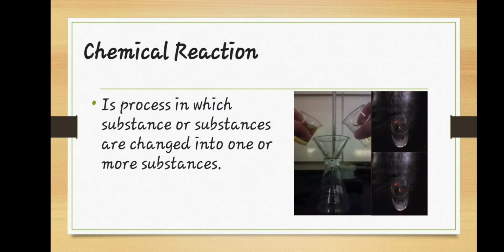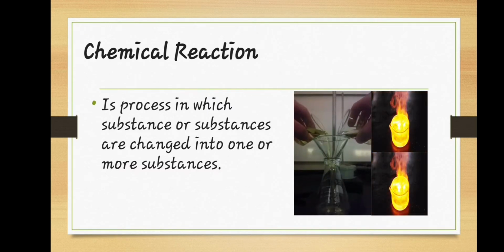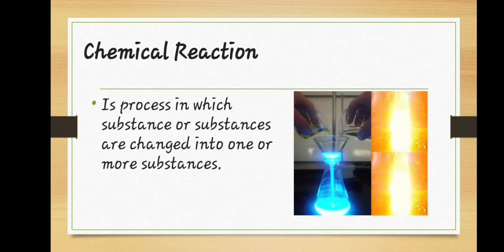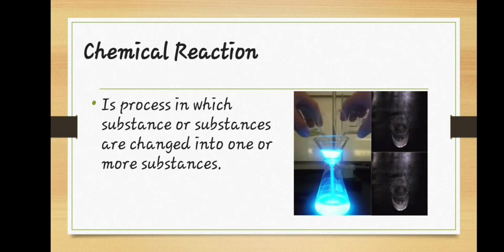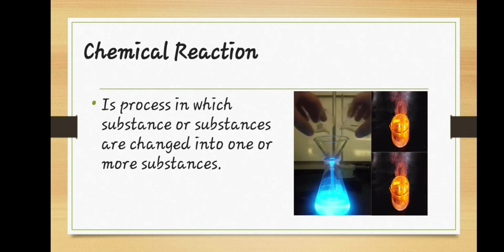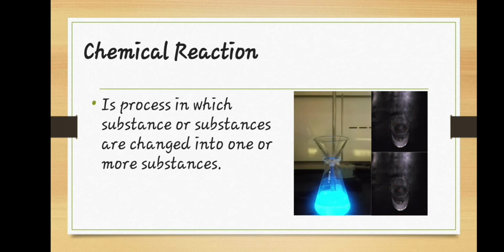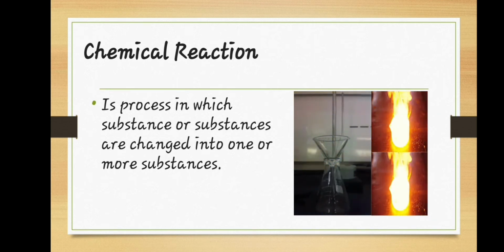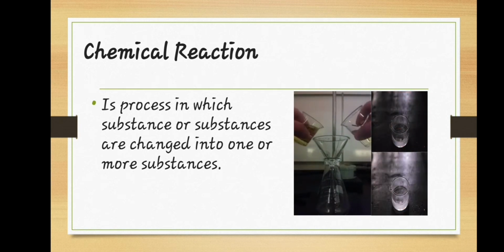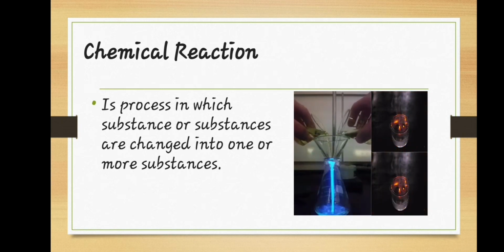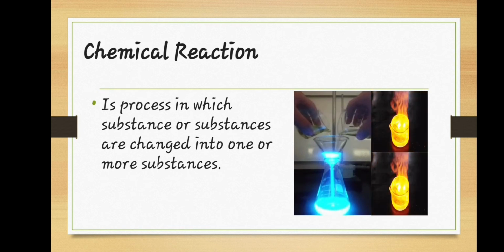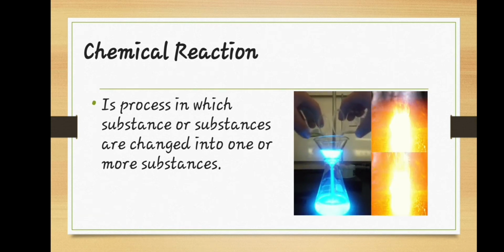Okay, so before we start on the types of chemical reaction, of course, we have to define it first. Chemical reaction is the process in which a substance or substances are changed into one or more substances. Meaning to say, when we say chemical reaction, it is actually a transformation of a chemical substance into a new chemical substance by making and breaking of bonds between different atoms.